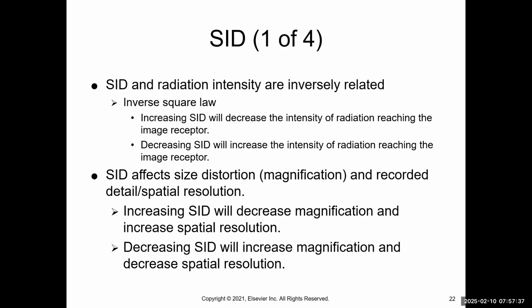It's to decrease magnification of the heart and to give us better spatial resolution. So if we could do everything at 72 inches, that would be good, but we can't physically do that over the table. Y'all saw that in just doing the obliques of the C-spine. We can't get 72 inches over the table.